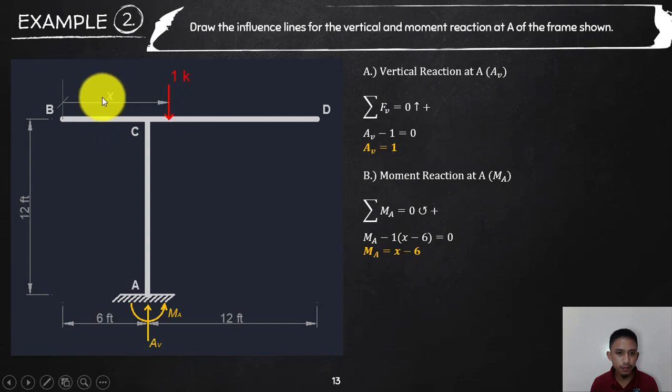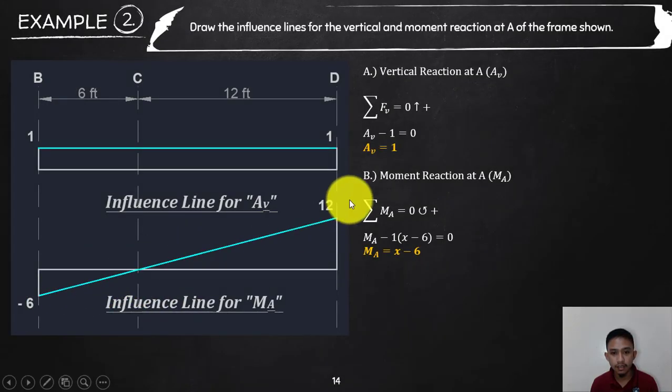So that is true. When your one kip is within BC, that will try to bend this frame counterclockwise, so that should be resisted by a clockwise moment at A. And then once that will be on the other side, it will be rotating the frame clockwise, so your reaction should be counterclockwise, which is actually explained by this influence line.